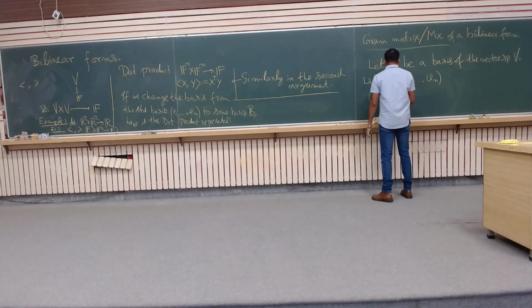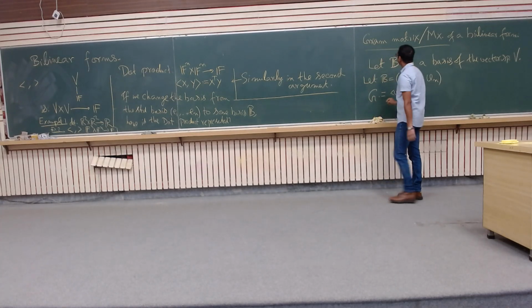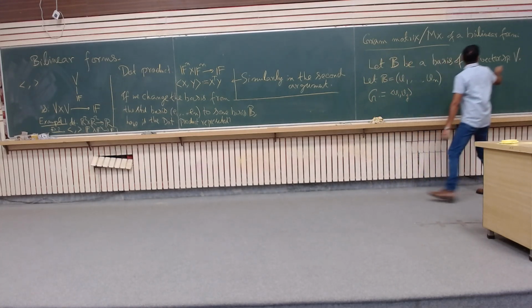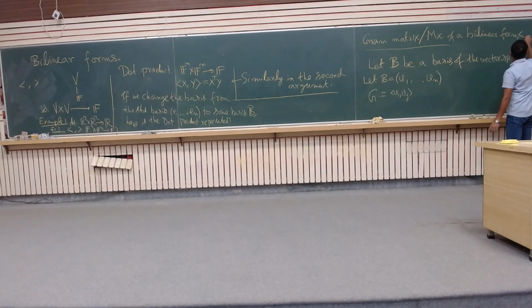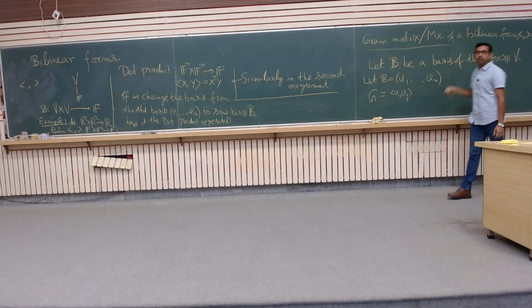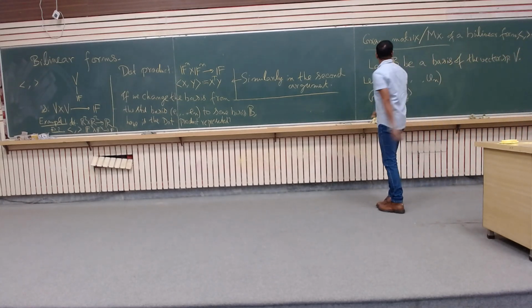Let's define it as vi, vj. Well, now we are taking some bilinear form and we are denoting it by these angular brackets. It need not be a dot product, some bilinear form.